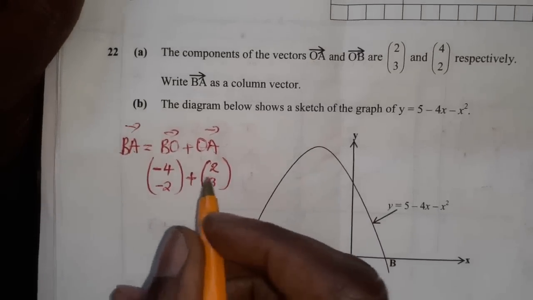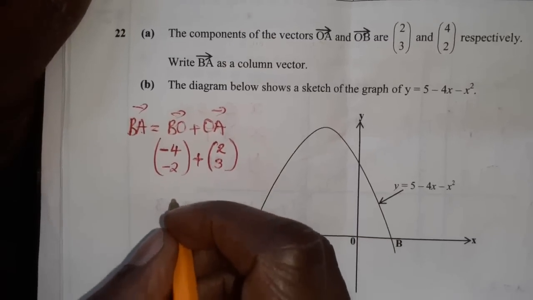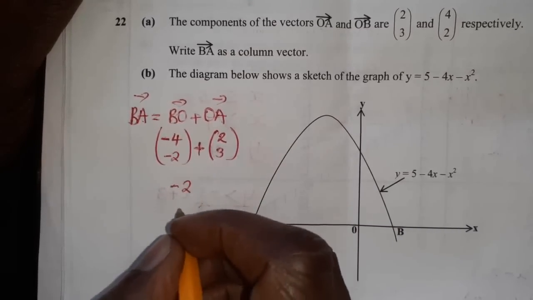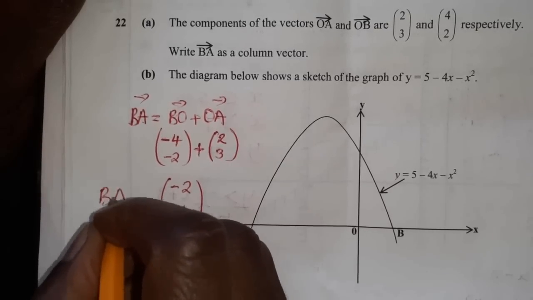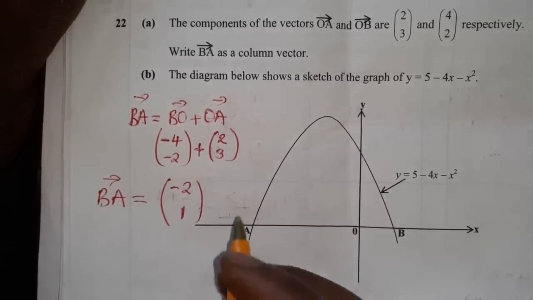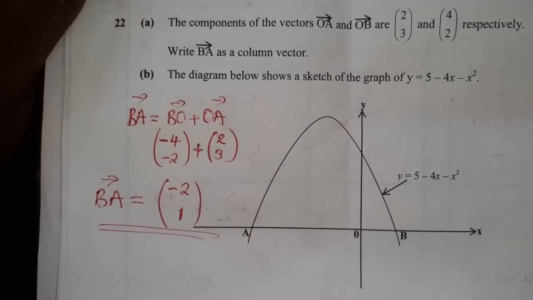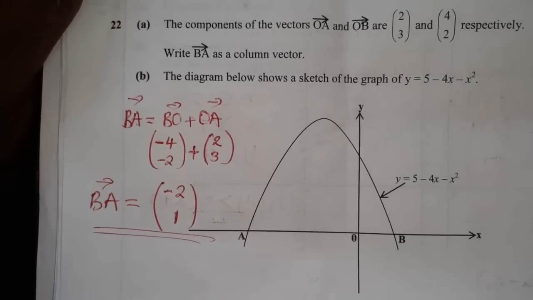We add these, what do we get? We'll get -2, 1. This is our BA.